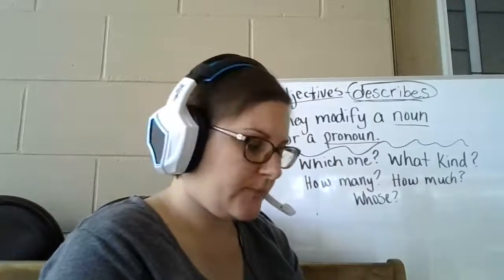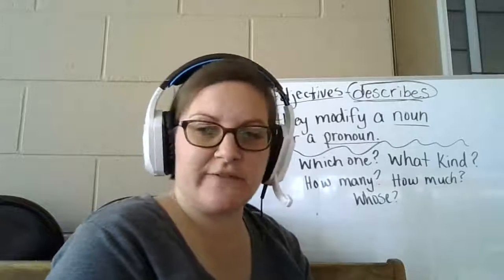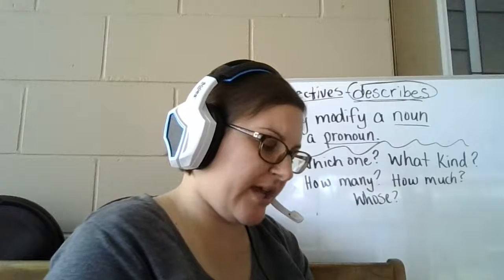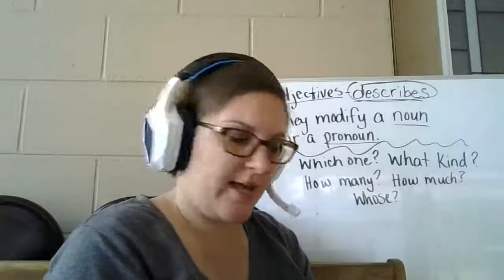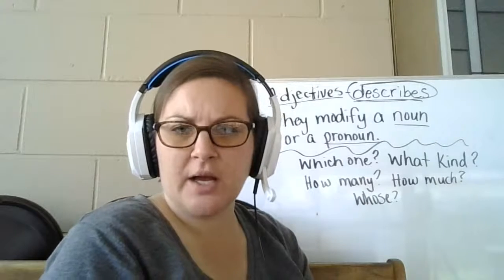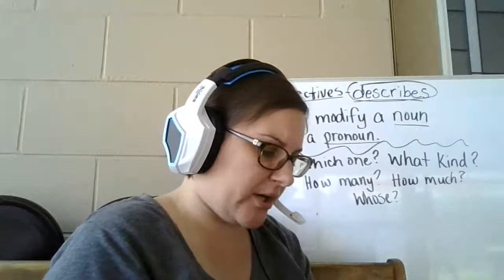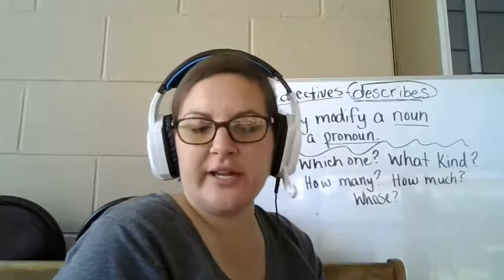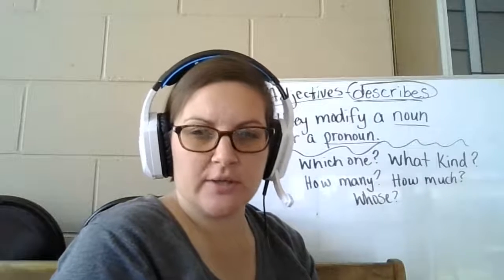Robert's. All right, so right here, we're going to underline the adjective in each group of words, and then in the blank, we're going to figure out what question goes with the adjective. We're going to write it in the blank. It says Eric's book. Which word is the adjective? The word Eric's or book?